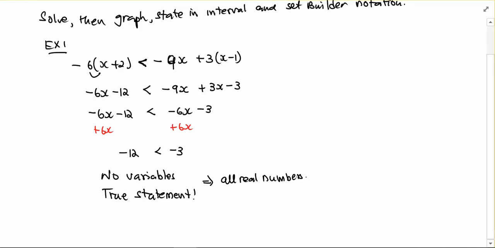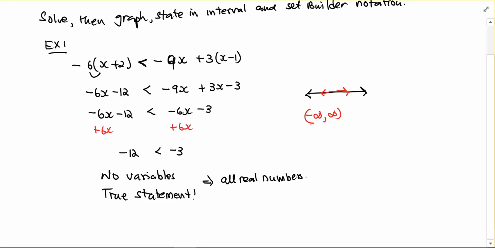So how would you graph all real numbers? Well, it's the whole line. So really, it's impossible to have a beginning or an end of it. So there it is. Now what would the interval notation on this look like? Well, it starts at minus infinity and ends at positive infinity, like so.